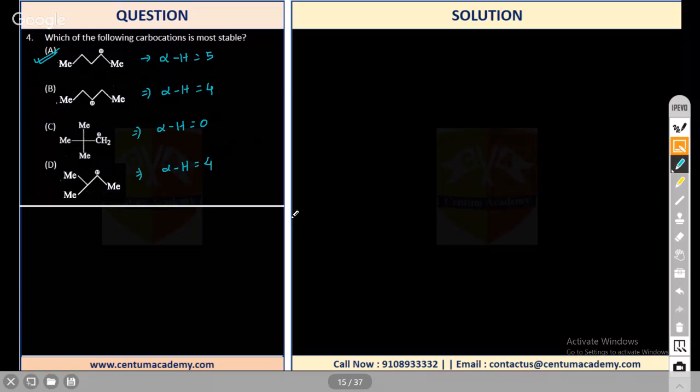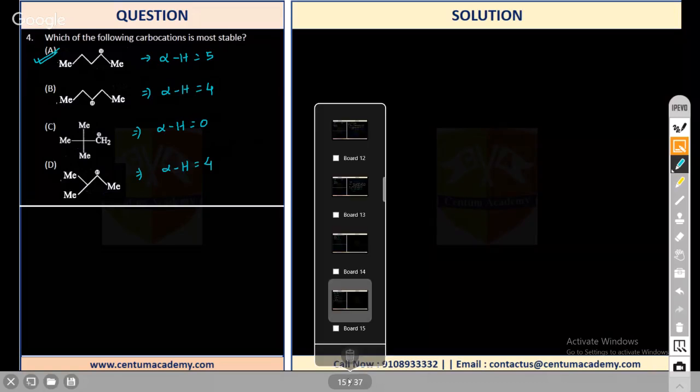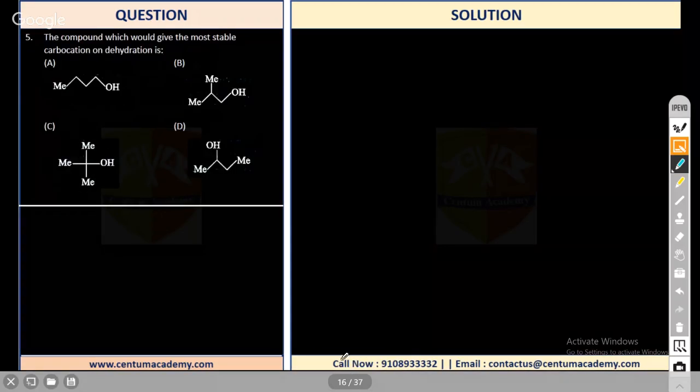Next question you see. The compound which would give the most stable carbocation on dehydration. Okay, tell me.